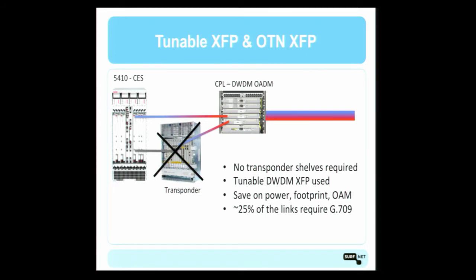So it's quite interesting because some links in our network are quite long, and you wouldn't be able to reach the distance with a normal XFP. With the G.709 wrapper on top of that, you can easily manage that. So about 25% of the links in our network use this OTN XFP.